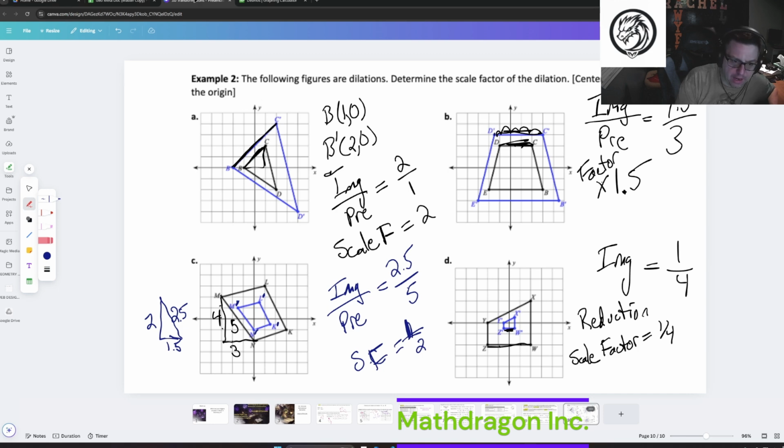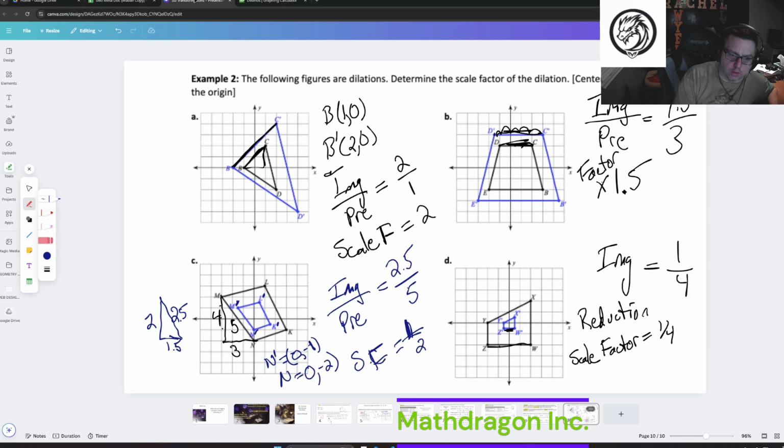And if we look at n to m, what is that? Let's write it correctly. So n prime is 0 comma -1, and n is equal to 0 comma -2.